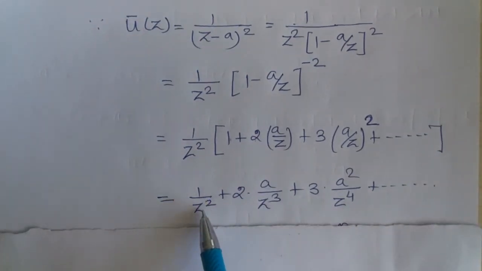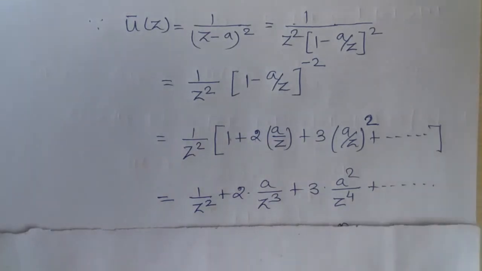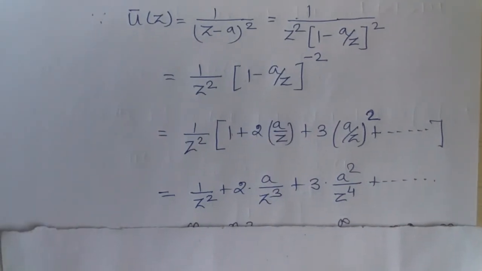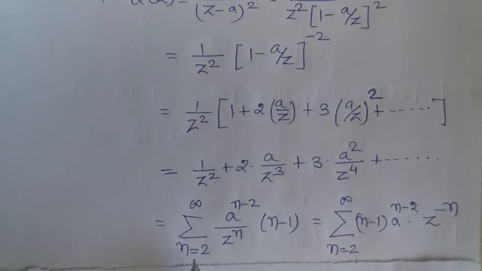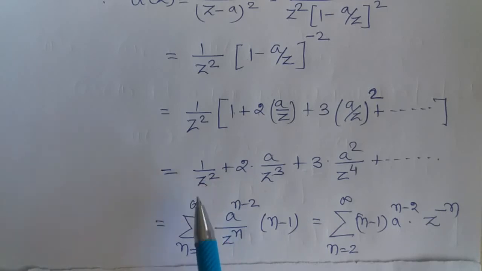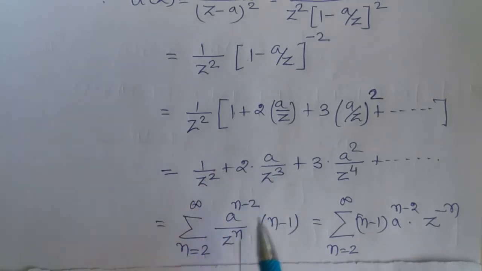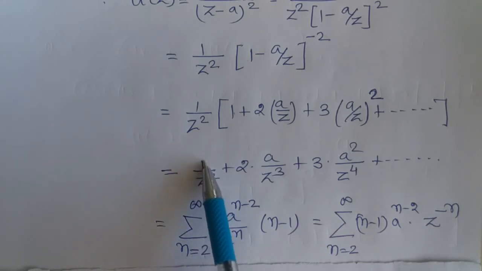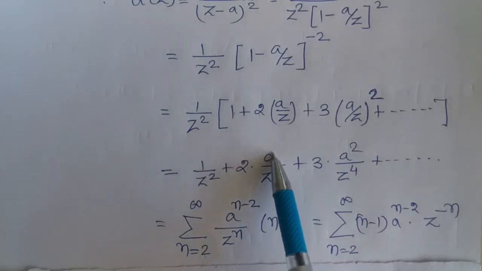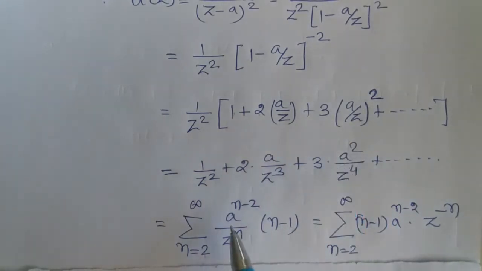So z power starts from z square, so the limit of summation starts from n equal to 2. So we write summation n goes from 2 to infinite, z power n. For n equal to 2 we get z square, for n equal to 3 we get z cube and so on. Here we have a power 0, a power 1, a square, so the general term is a power n minus 2.